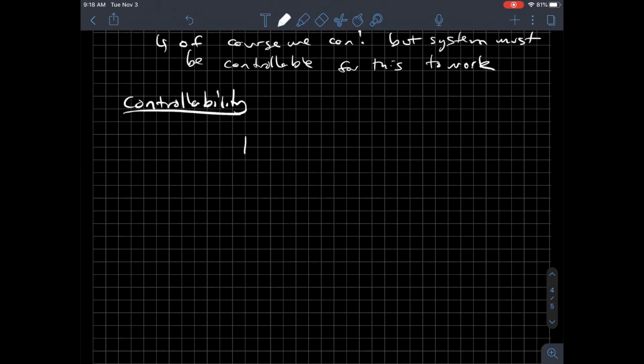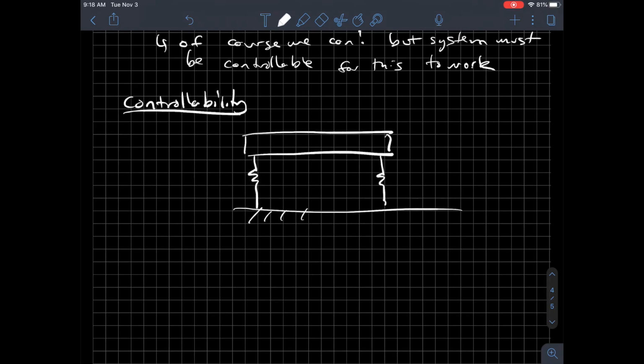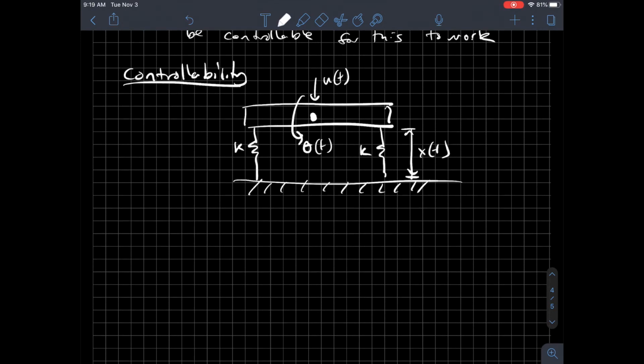So the example I have for you of controllability is, imagine this beam which is suspended by springs, or I guess in this case held up by springs. Let's say the center of mass is right there, and I've got theta of t here. I've got an input that I can actuate, u of t, and then I've got a position x of t, and let's say each of the springs has an equal spring constant k.